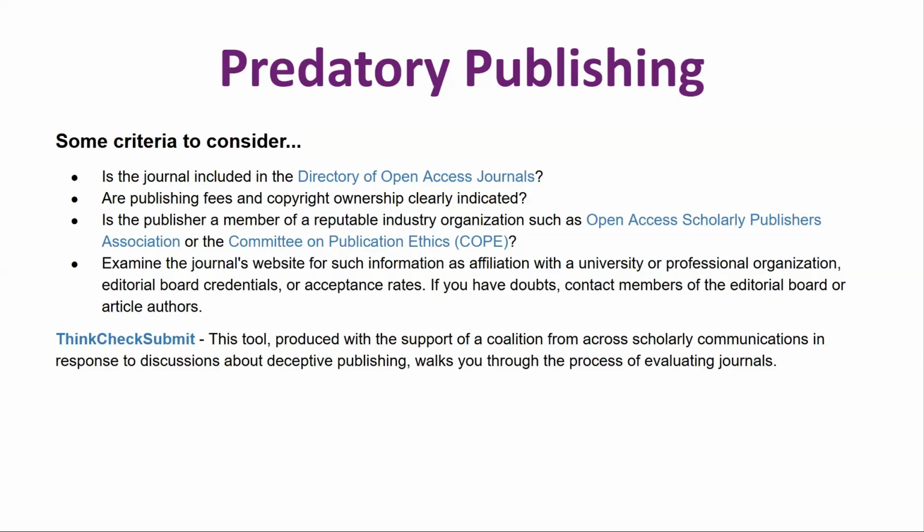Is the publisher a member of a reputable industry organization such as the Open Access Scholarly Publishers Association or the Committee on Publication Ethics? You would examine the journal's website for information such as affiliation with a university or professional organization. Think, Check, Submit is another tool that can help you with verifying whether it is a predatory journal.